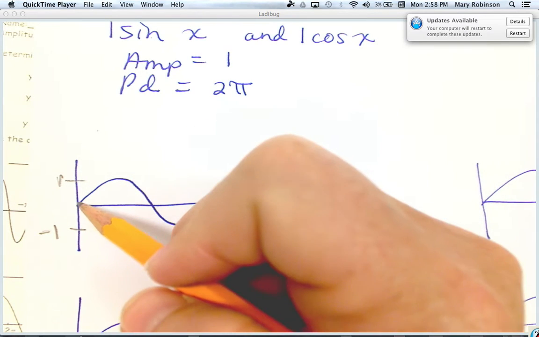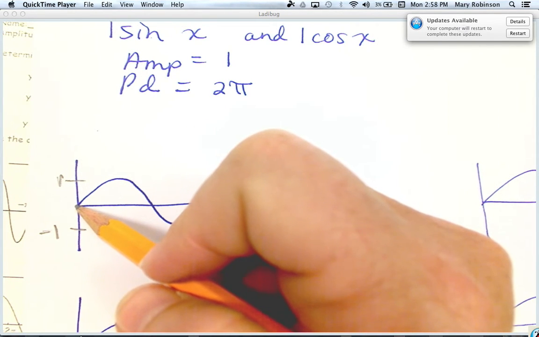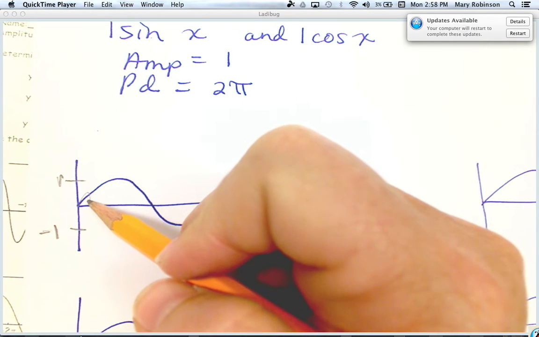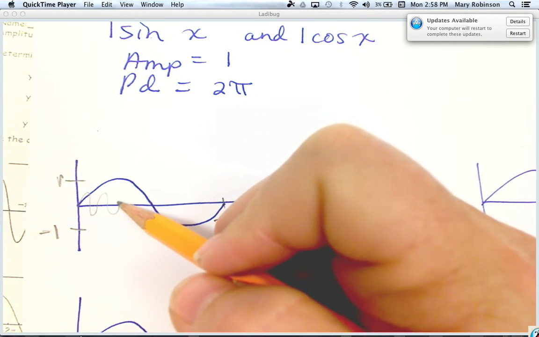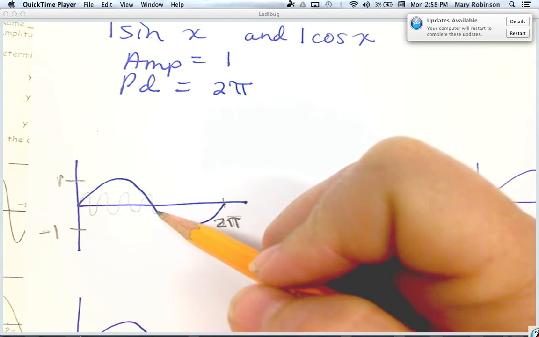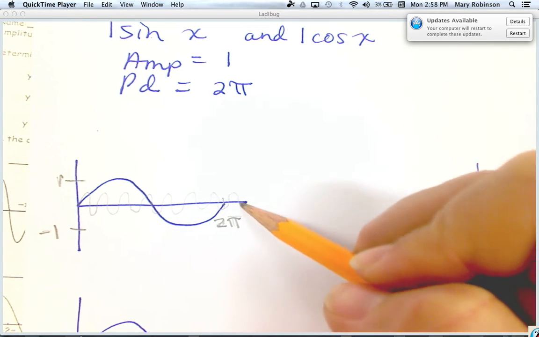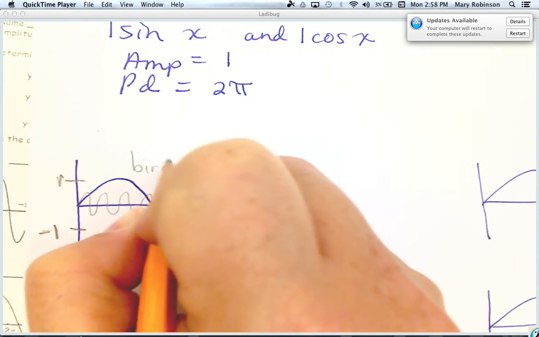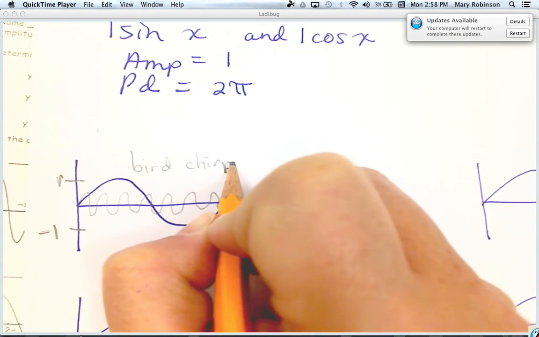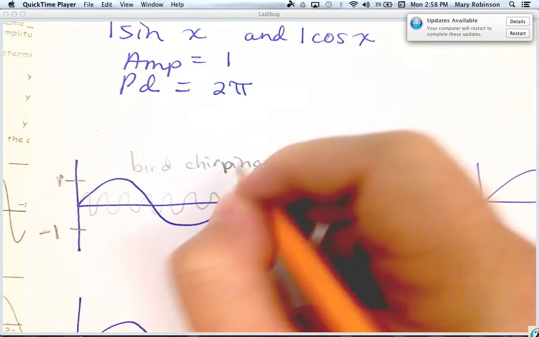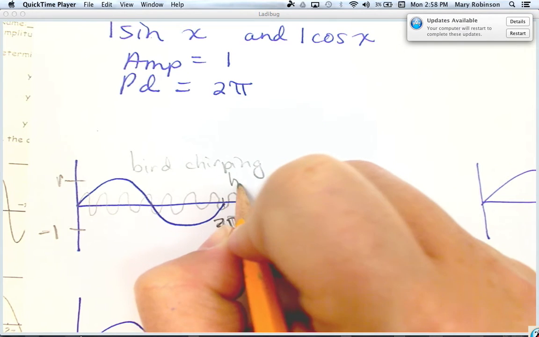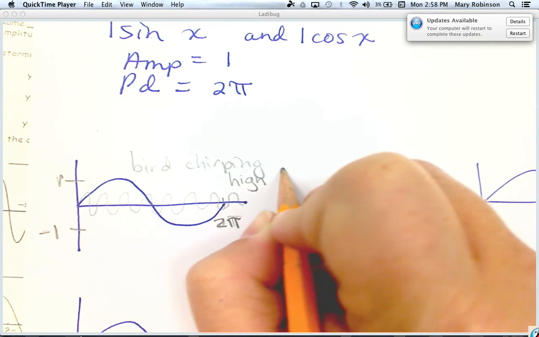If you think about a bird tweeting, it's a high-pitched noise. So when the pitch changes, the waves get closer together if it's a higher pitch. So this would be representative of like a bird chirping. If we have a bird chirping, then we're going to have a higher frequency, which changes the period.